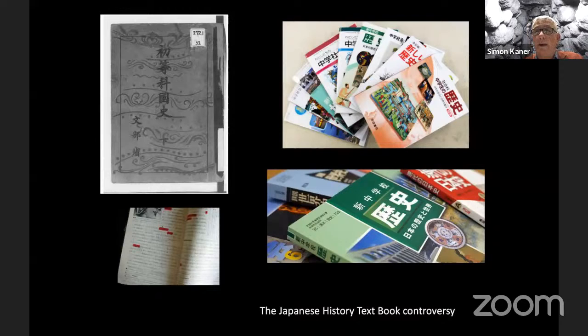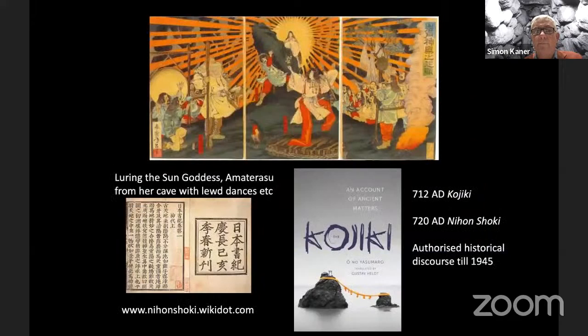All through my archaeological career in Japan, it's been one of the big problems, because many archaeologists want to be able to access these and see what's in them. Part of that is because up until 1945, these two books, the Kojiki and the Nihon Shoki, the histories of Imperial Japan that legitimate the imperial family, the Yamato family, which claimed direct descent from the sun goddess Amaterasu, who you can see here emerging from a cave in one of the Nihon Shoki stories.